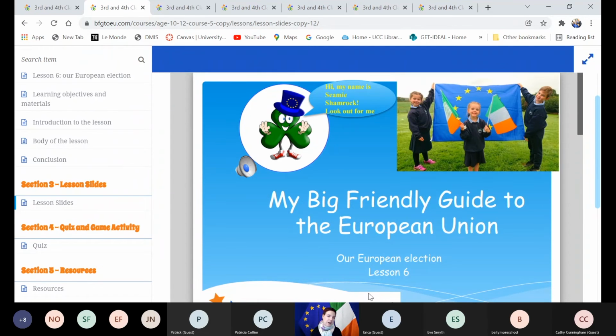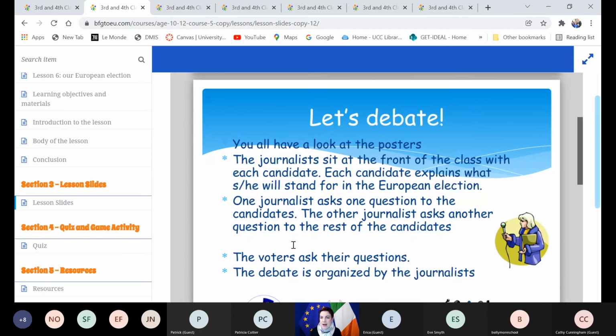You will have children saying, well, I voted for my friend Mark or my friend Siobhan. But the heart of democratic voting is to be able to do it privately and obviously personally. So nobody should know about your vote.